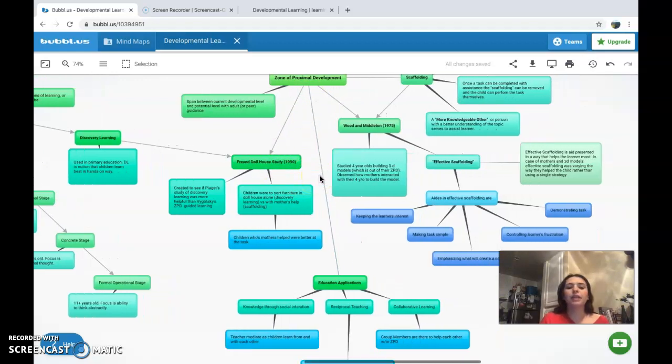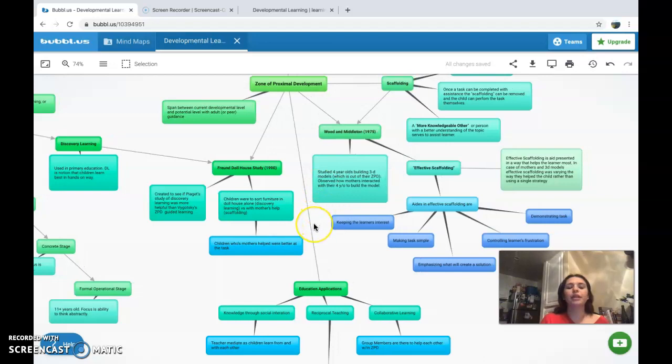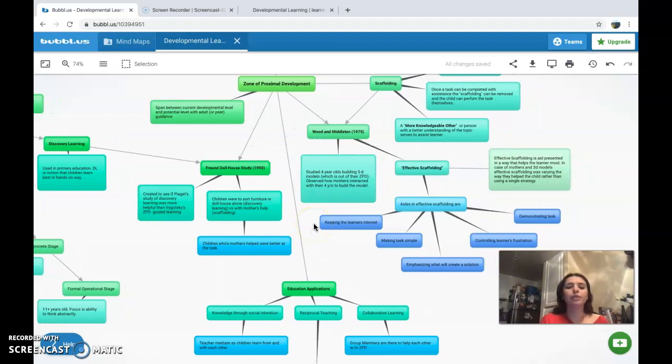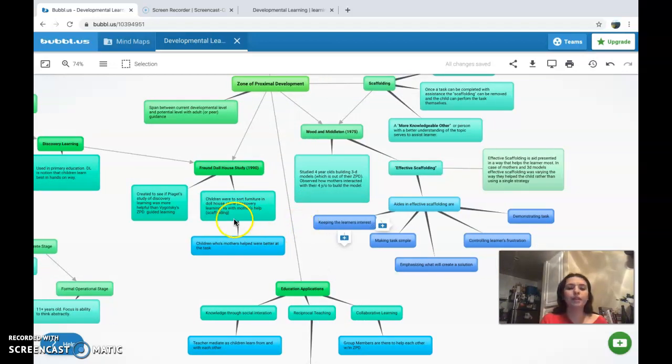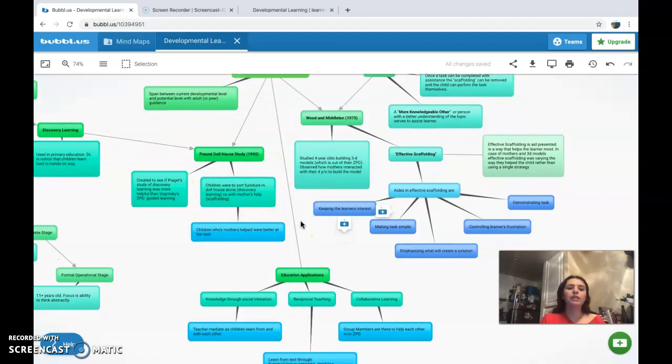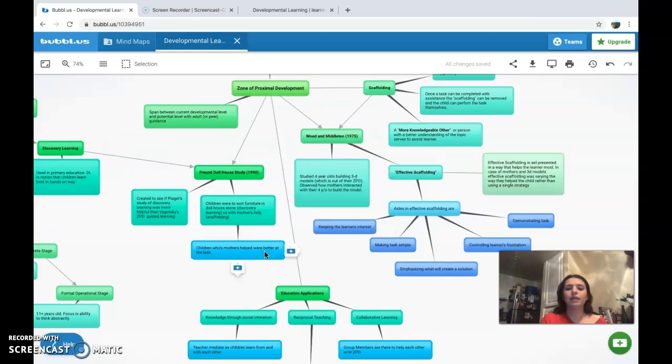And in the dollhouse study, children were to sort furniture in a house, and I believe they told the children they needed to explain to a puppet where the furniture was supposed to go. And they could do this task alone, which would be discovery learning, or with their mother's guidance, which would be the scaffolding. At the end of the study, the children whose mothers helped them were better at the task.